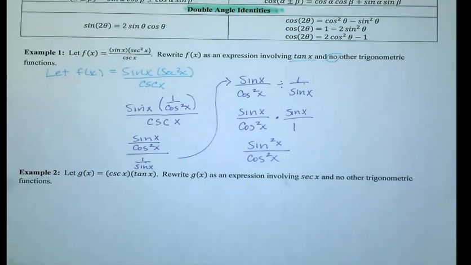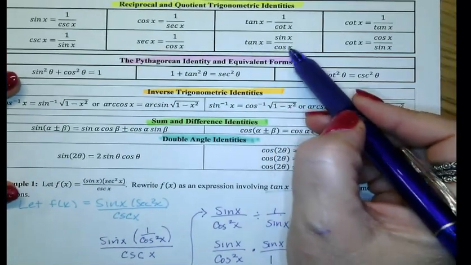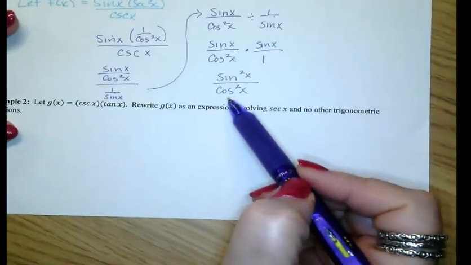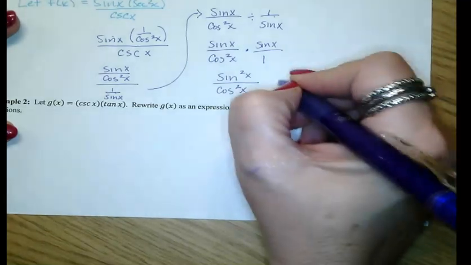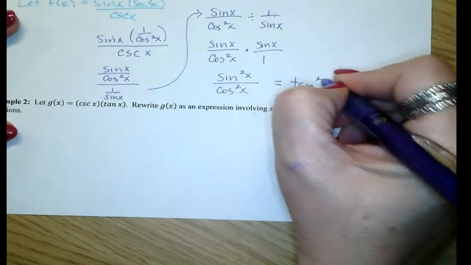So this should look somewhat familiar. It's an identity from that first section again. It's actually a version of the tangent identity, because tangent is sine over cosine. So I have 2 sines on top and 2 cosines on bottom. So this is just going to end up equaling tan squared x.